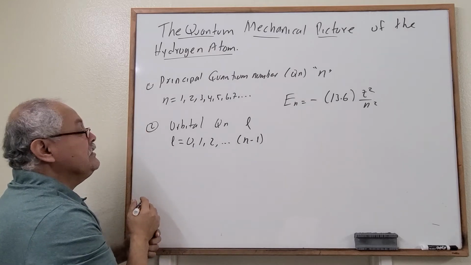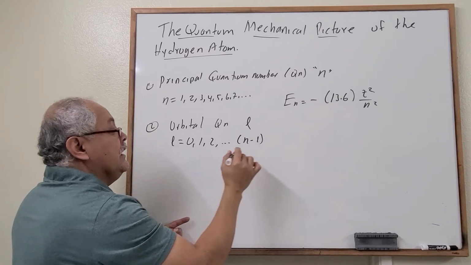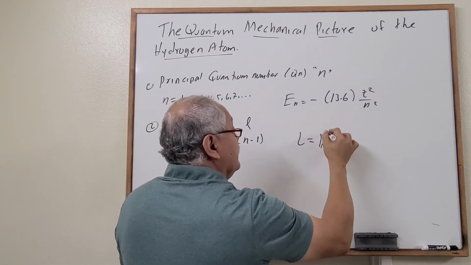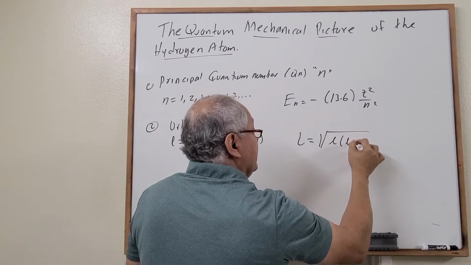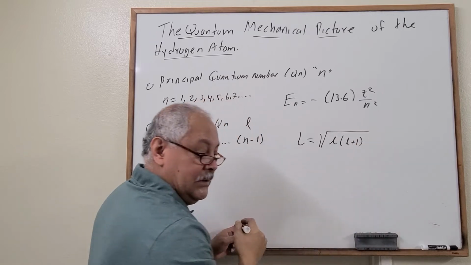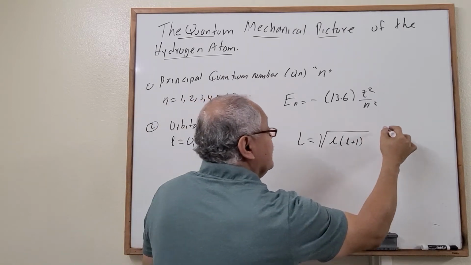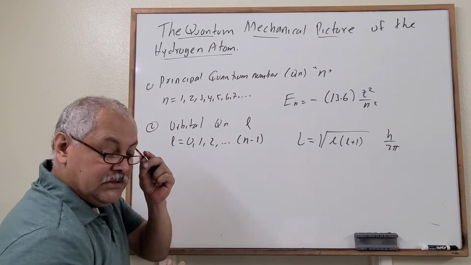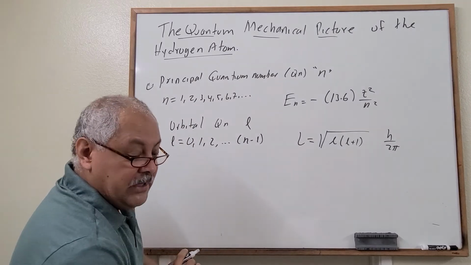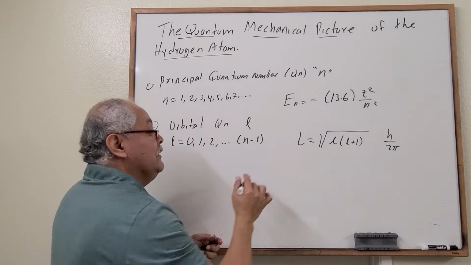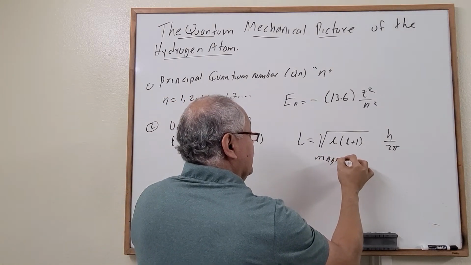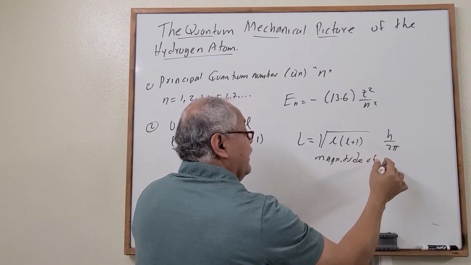The magnitude is going to be, let me do it right here. L equals the square root of l times l plus 1, times h over 2 pi. This is the magnitude of the angular momentum for the electron.